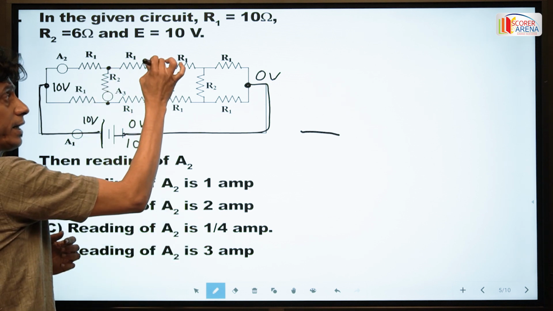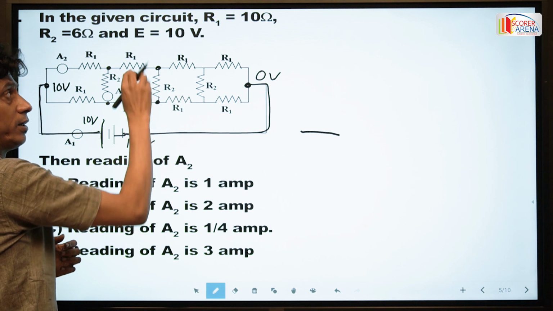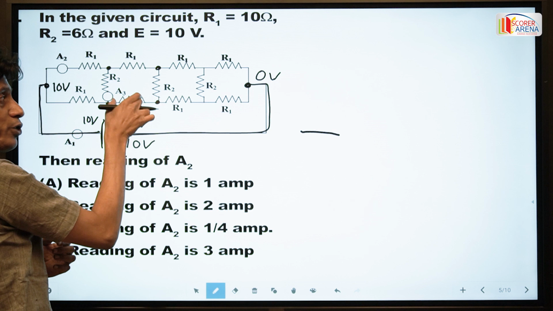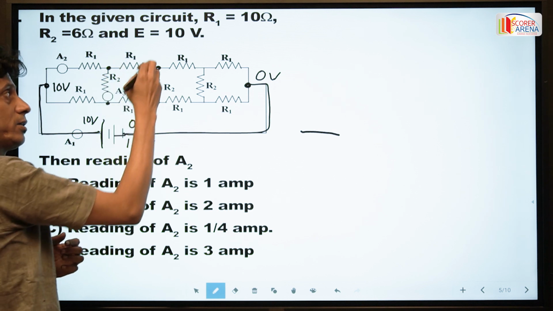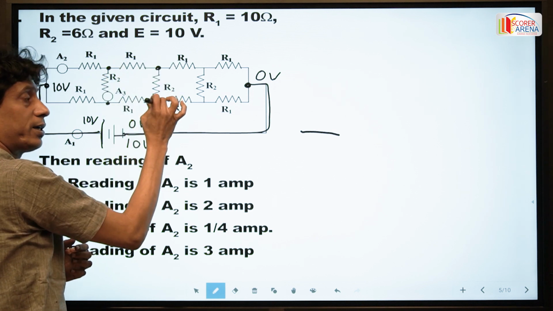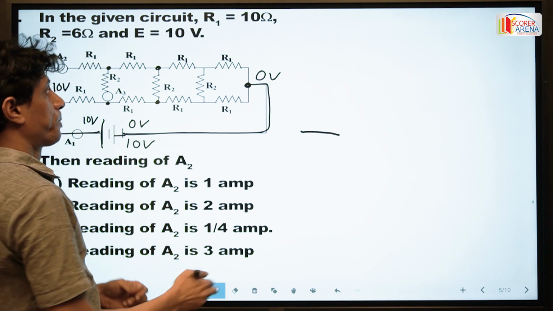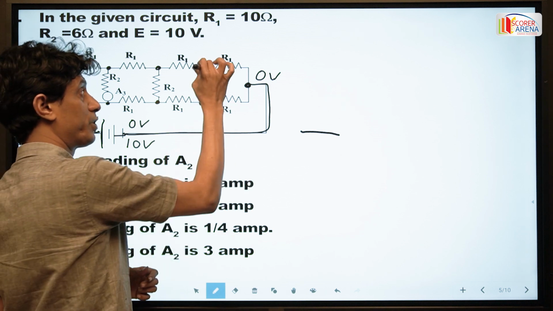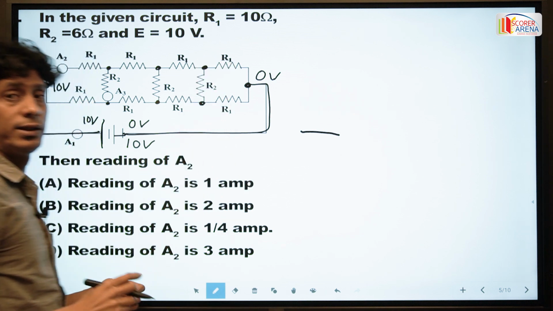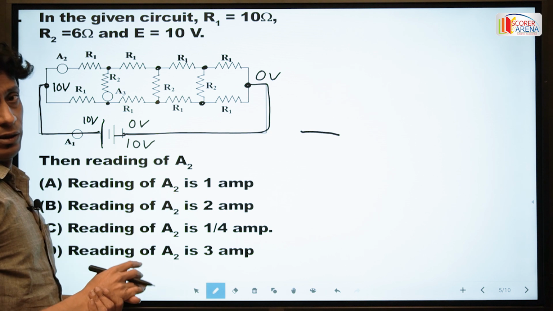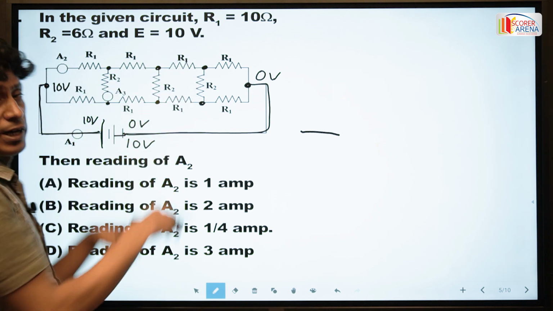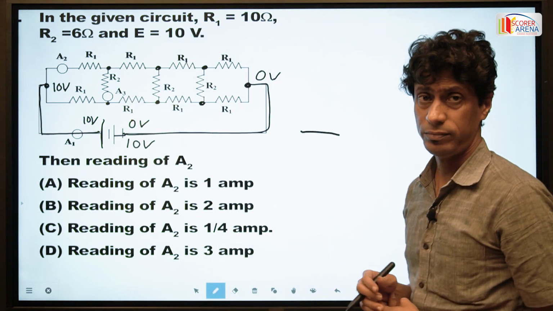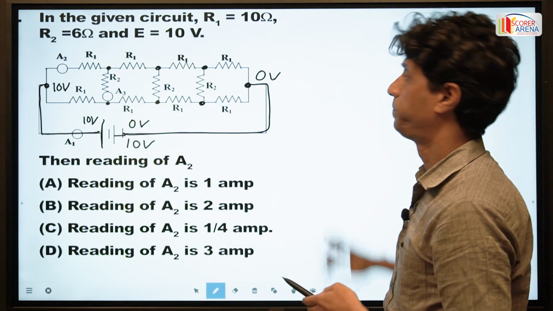Similarly, the potential at this point and this point, with equal resistance, have equal drops, so the node potentials are equal. Therefore, no current passes through the branches R2.